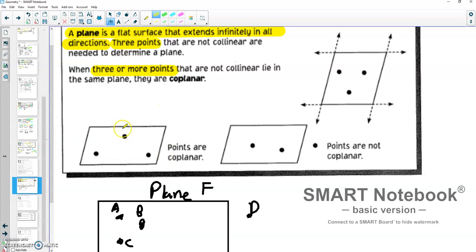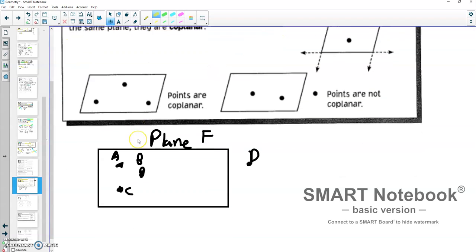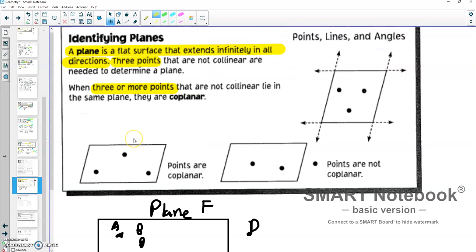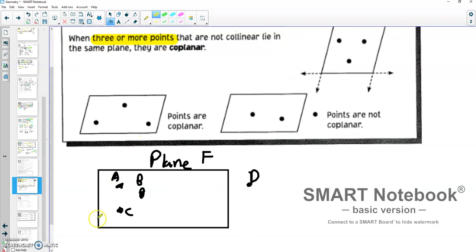And it also needs 3 points on the plane to be considered a plane. So again, to break it down simply, a plane is like a piece of paper, and as long as all your points are on that same piece of paper, it is coplanar. So A, B, C are coplanar, but not D.